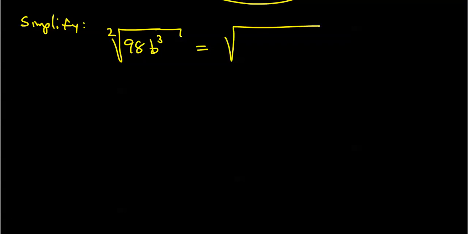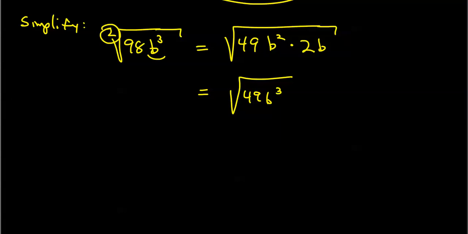Of course, 98 is 49 times 2. And I'll put the 2 over here because the 2 is going to stay inside. Similarly, b cubed is going to be b squared times b. You can take out as many powers of a variable that are multiples of the index here. Alright, so a 49b squared is going to come outside and a 2b has to stay inside.